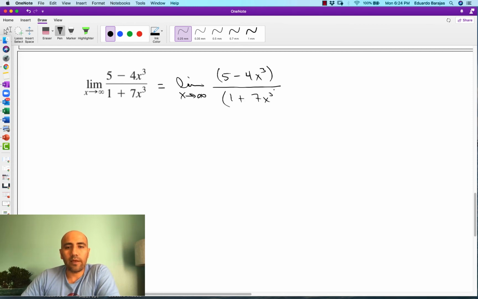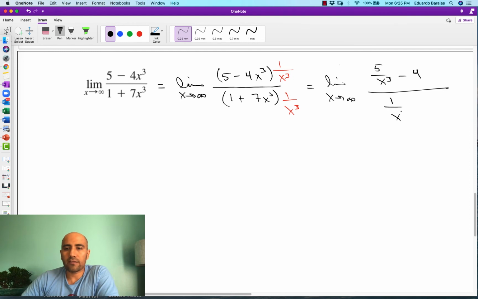So maybe we'd multiply the numerator and denominator by 1 over x to the third power. The idea is to multiply by 1 over x to the power of the largest degree we see in the denominator, which then equals the limit as x approaches infinity of 5 over x cubed minus 4, all over 1 over x cubed plus 7.